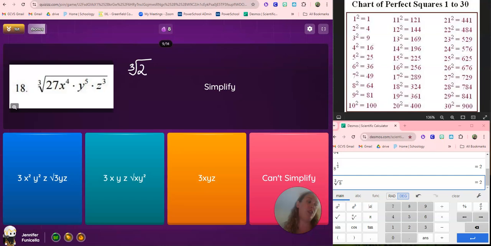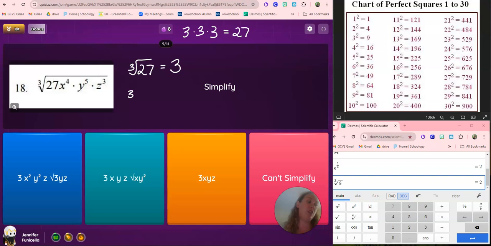And 27 is a perfect cube, but if we're not sure, maybe we don't remember, we can go into our calculator and we'll see that the cube root of 27 is 3. And again, that's just 3 multiplied by itself 3 times gets us 27. 3 times 3 is 9, times another 3 is 27. There's definitely going to be a 3 in the front.